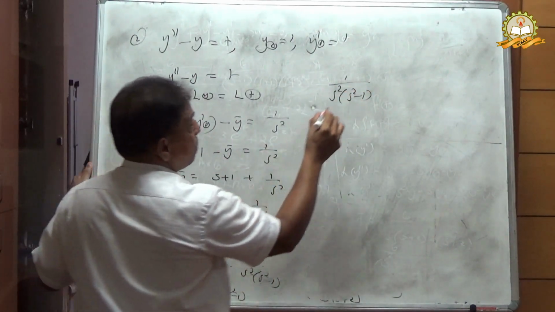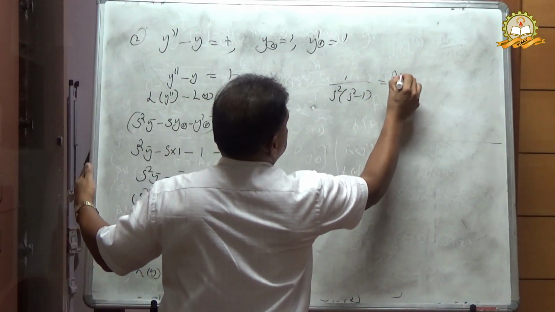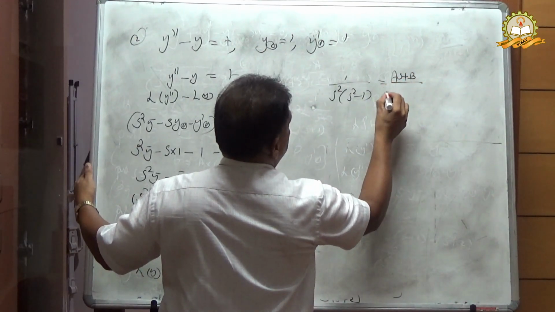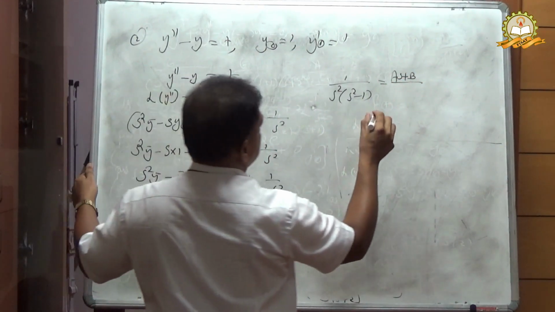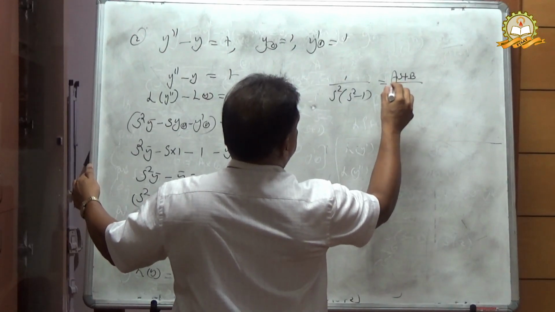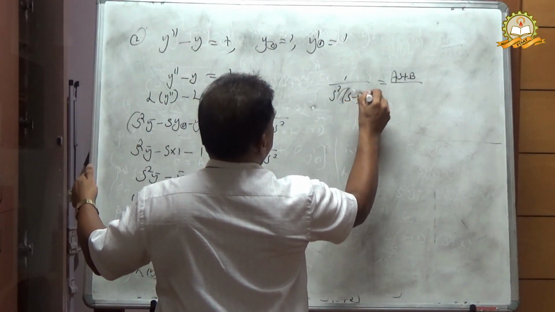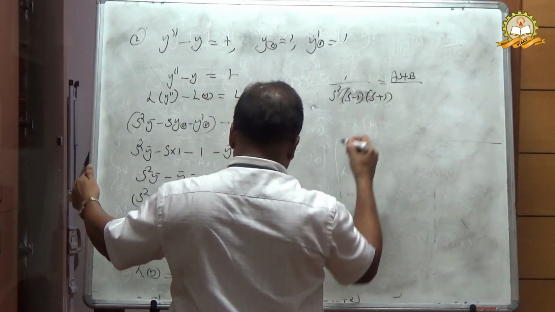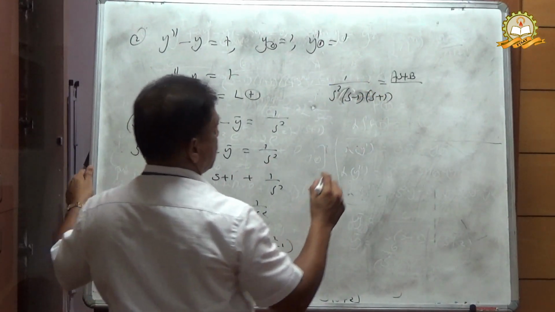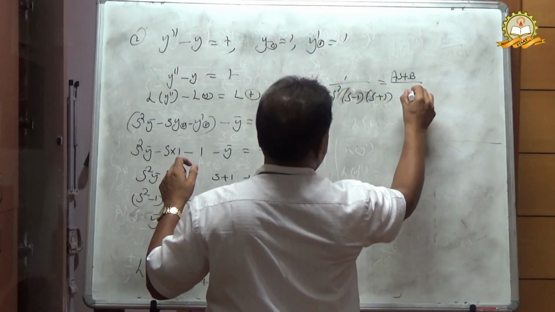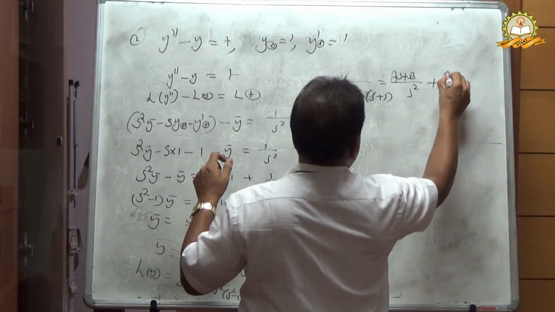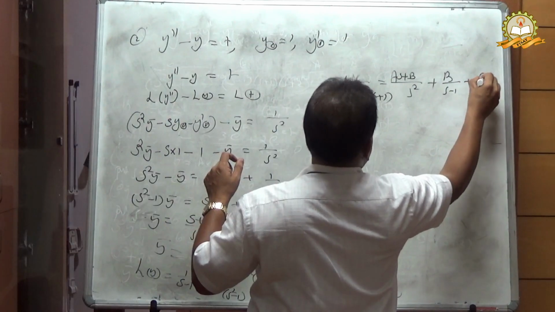Here we apply the third property in partial fractions, (as plus b) divided by s square. S square minus 1 can be taken as (s minus 1) into (s plus 1). Therefore, (as plus b) by s square plus c by (s minus 1) plus d by (s plus 1).